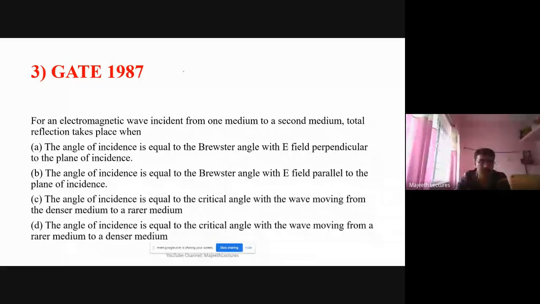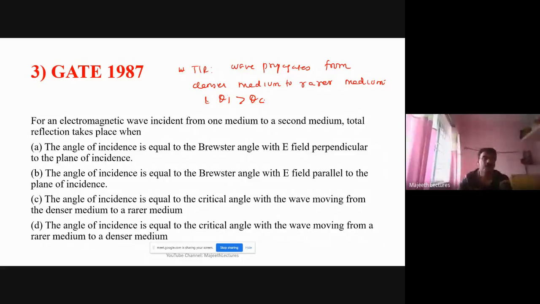Total internal reflection takes place when the wave propagates from denser medium to rarer medium, and the angle of incidence must be greater than the critical angle, right? So option C is the right answer.